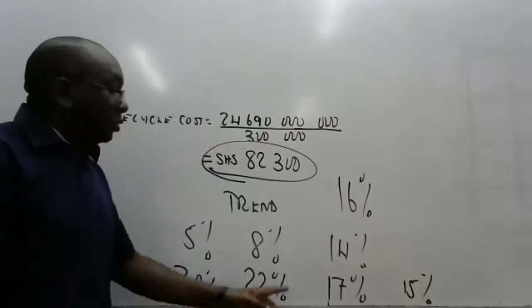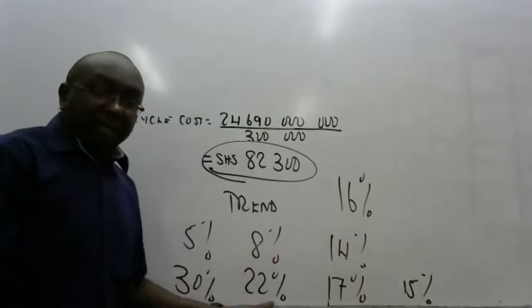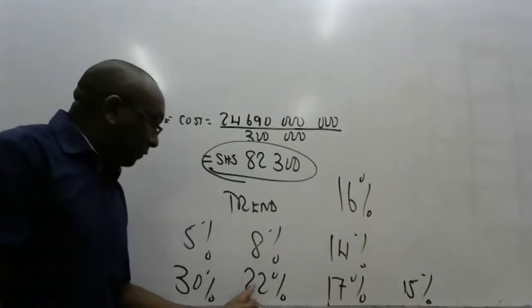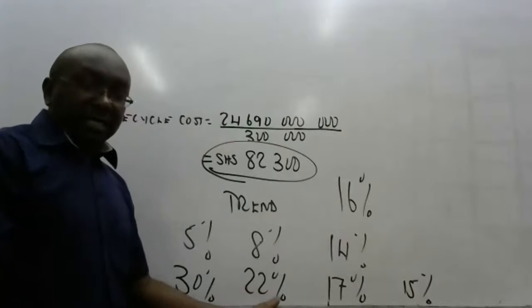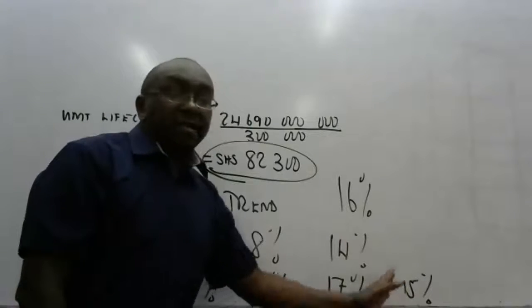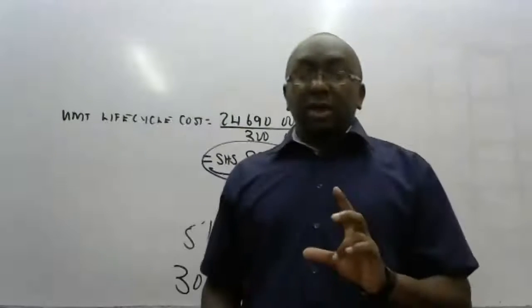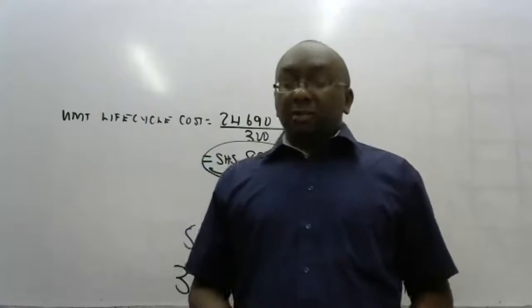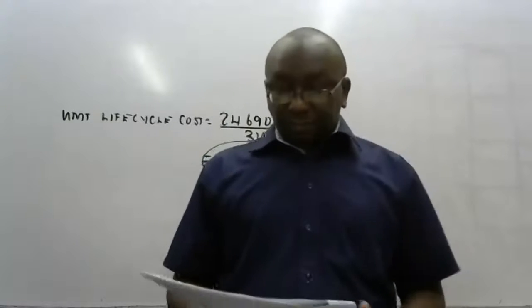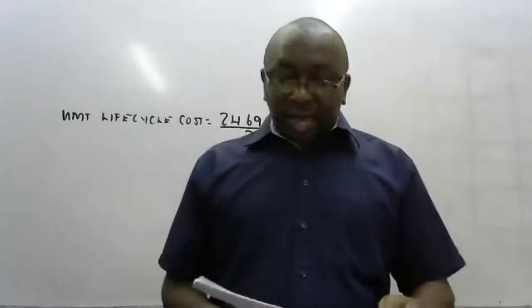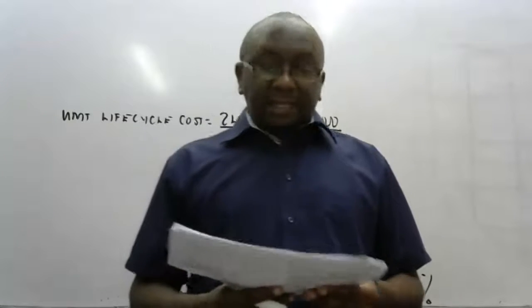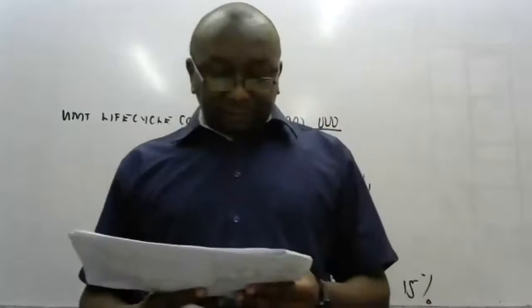So in as much as you have exceeded the absolute, we should be mindful of the trend. You are going downward as time goes by. So that is a major strength, that we are not just looking at the absolute, but we are also looking at the trend.